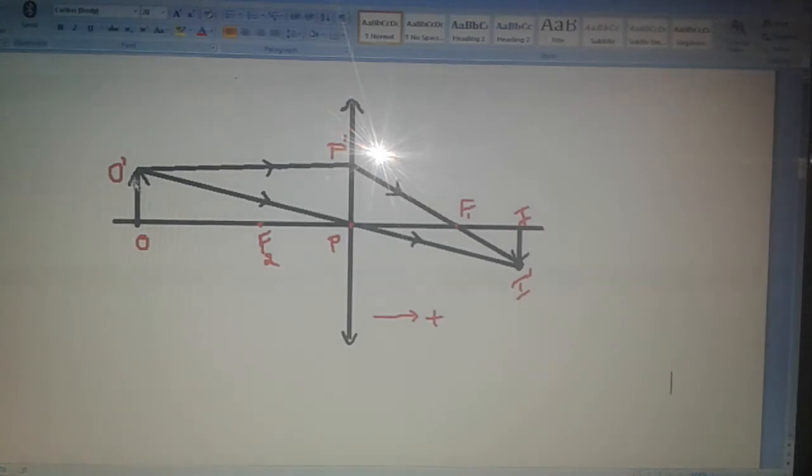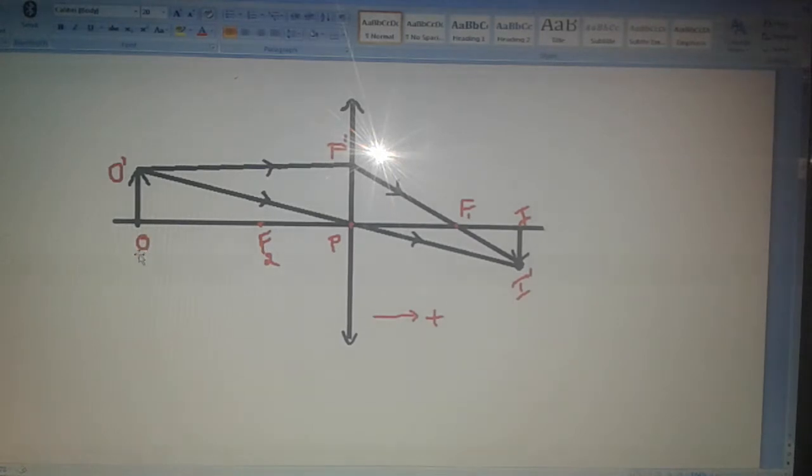So the ray which is starting from O prime and passing through the optic center P will meet the refracted ray at the point I prime. So this point is the image of the point O prime.